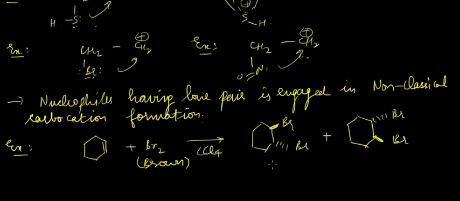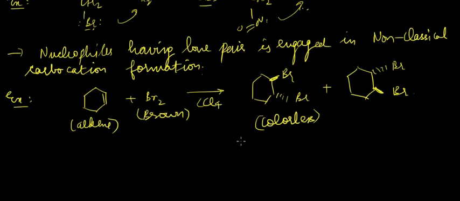Okay, this is actually colorless. This is also a test for unsaturation: when an alkene is reacted with brown colored bromine in the presence of CCl4, the brown color changes into colorless. So this is a racemic mixture.